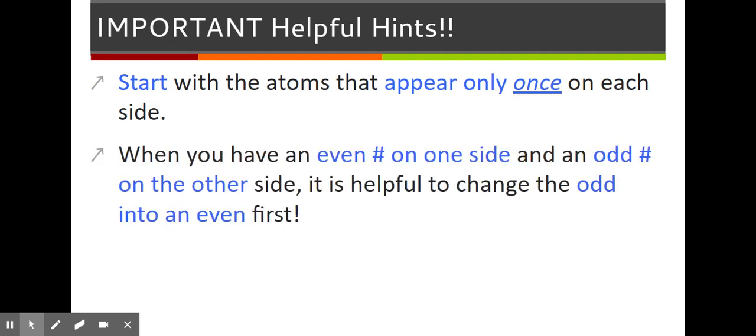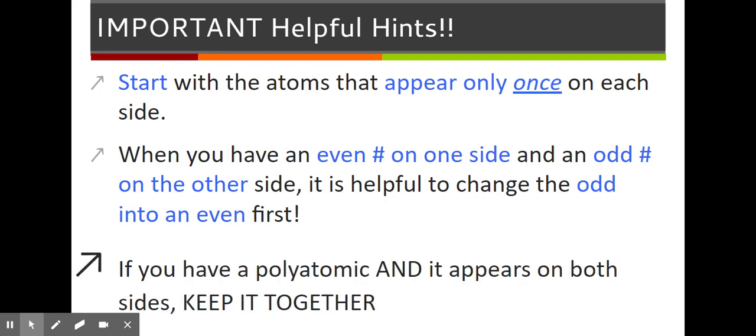When you have an even number on one side and an odd number on the other side, it is helpful to change the odd number into an even number first. So it's helpful to multiply until you have an even number on both sides, because it's always easier to multiply your even numbers than it is to multiply your odd numbers.